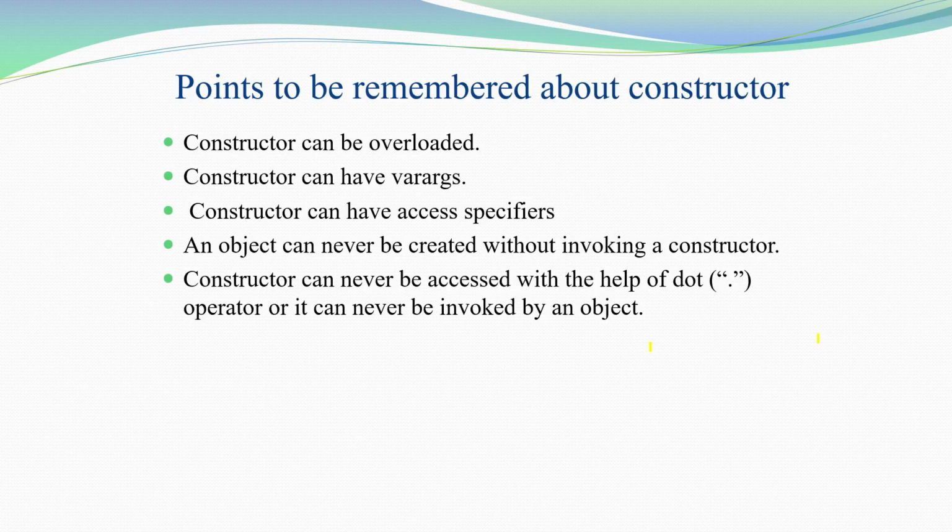Whenever we create an object with the new keyword for that particular class, the constructor will be invoked. The constructor can never be accessed with the help of a dot operator, or invoked by an object. It is always invoked with the help of the new keyword.